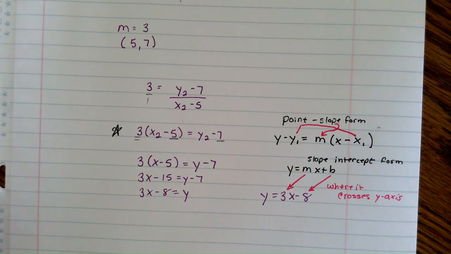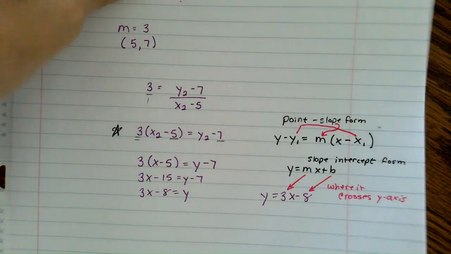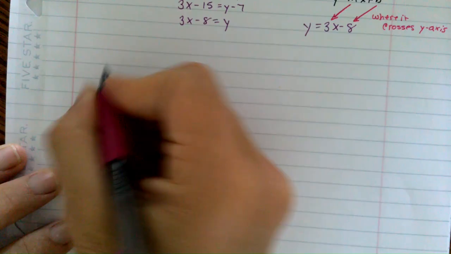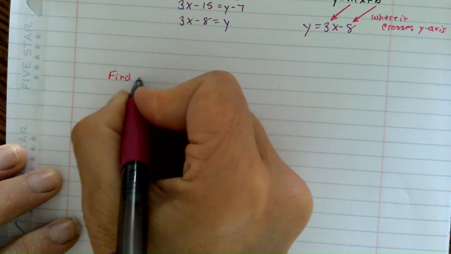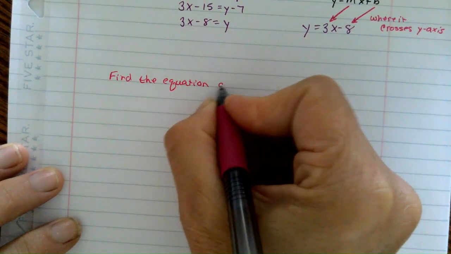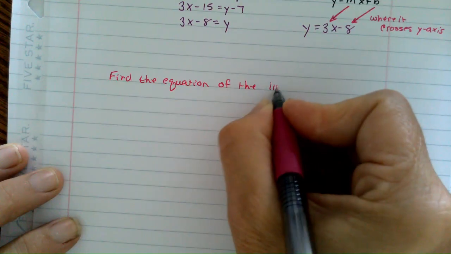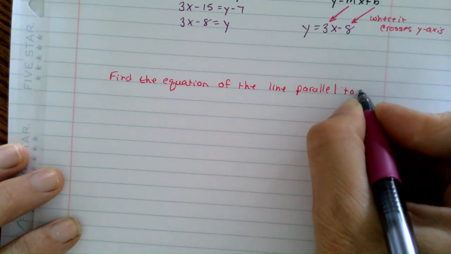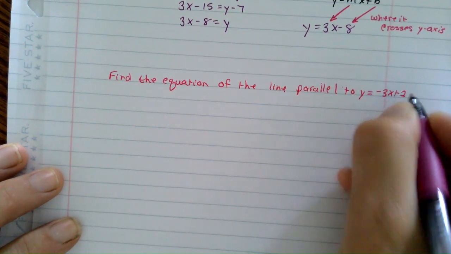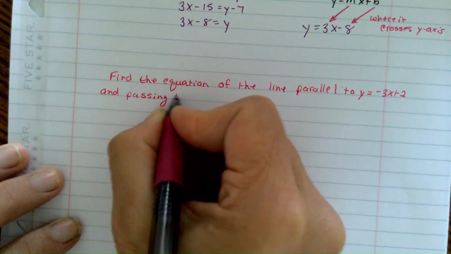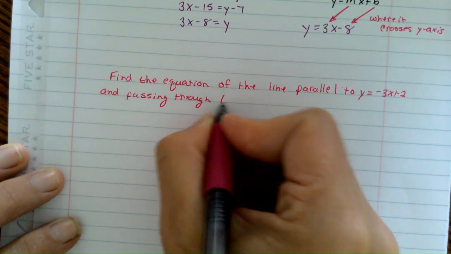So what does this have to do with parallel and perpendicular lines? Okay. Find the equation of the line parallel to y equals negative 3x plus 2 and passing through 8, 1.